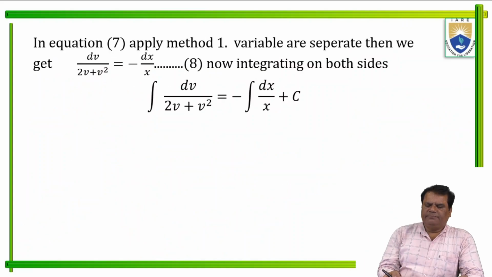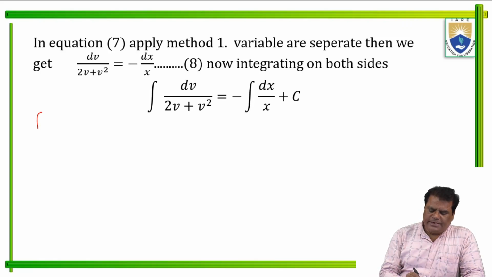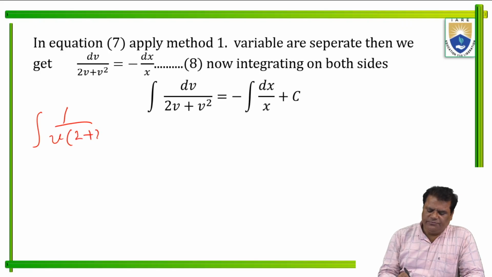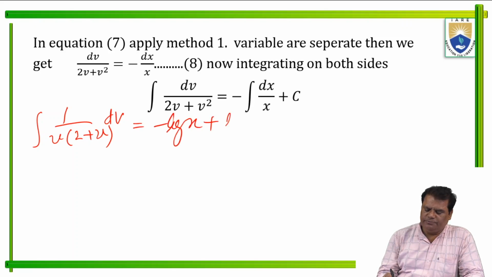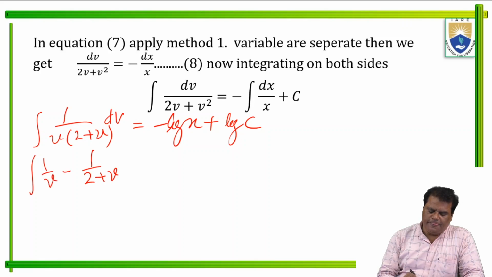Next, I am solving this completely again. This equal to, I am writing here, 1 upon v is common, so here 2 plus v and dv. This equal to minus log x and plus log c. So now here integration of 1 upon 2 plus v minus 1 upon v.